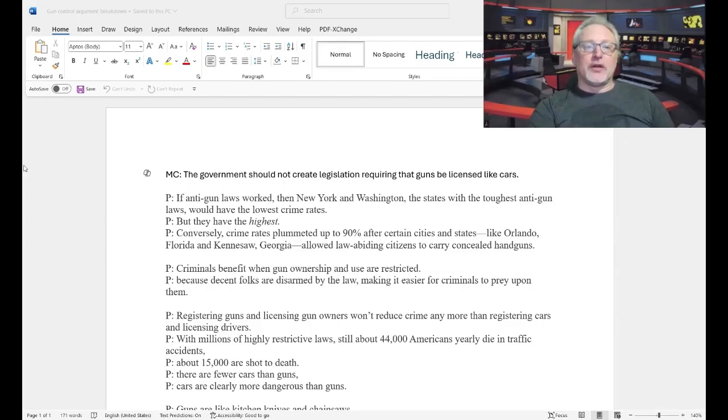So the if part is if anti-gun laws worked, then New York and Washington would have the lowest crime rates. It's followed up by the next sentence, which says, but they have the highest. Okay?